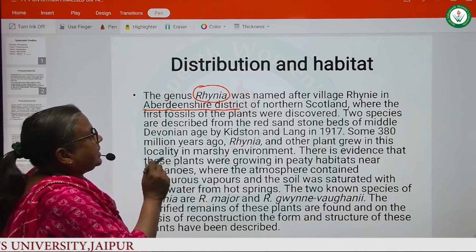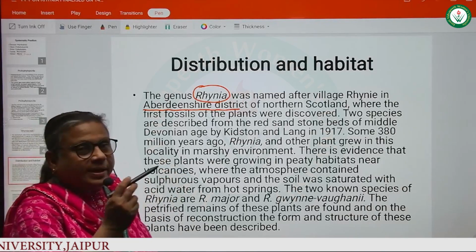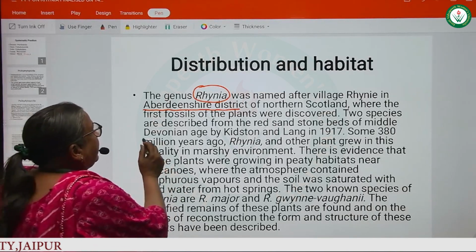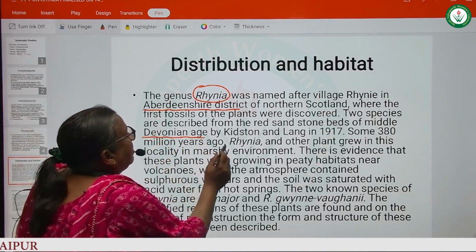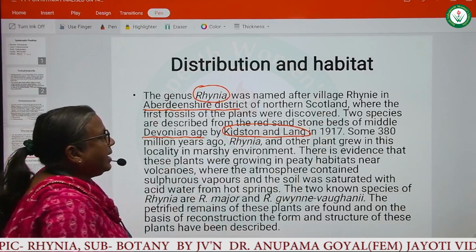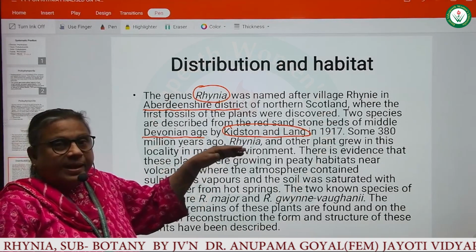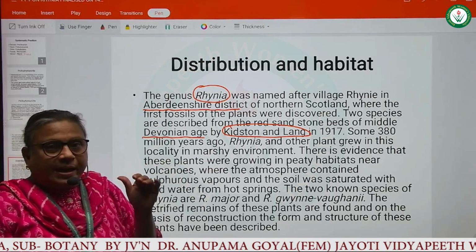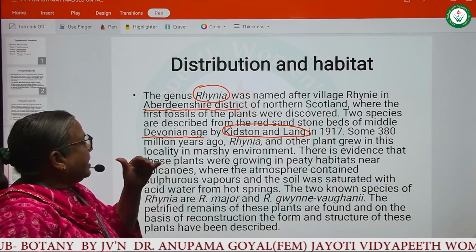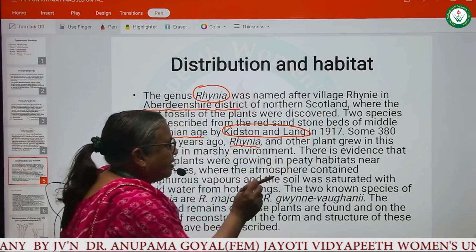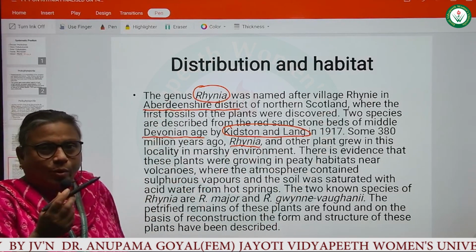Two species are described from the red sandstone beds of Middle Devonian age by Kidston and Lang. In 1917, some 380 million years ago, Rhynia and other plants grew in this locality.